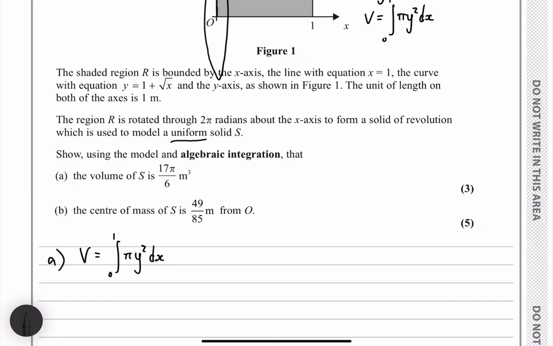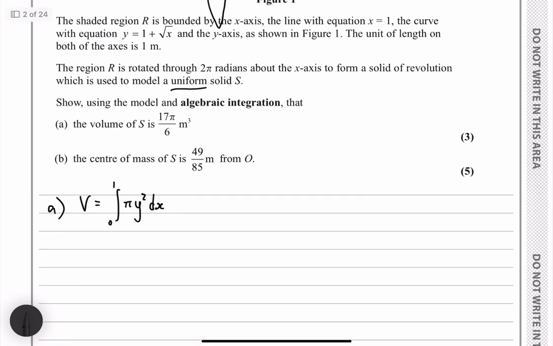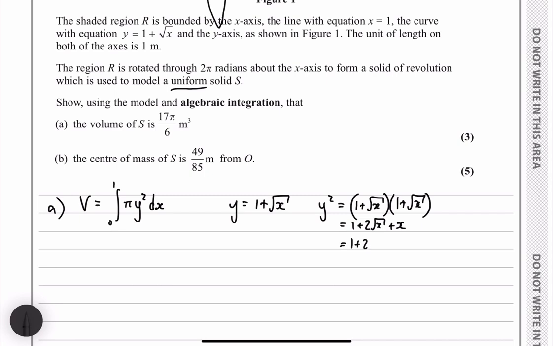We put in y, which is 1 plus root x, therefore y squared is 1 plus root x times 1 plus root x, and that gives us 1 plus 2 root x plus x, or in index form, x to the half.